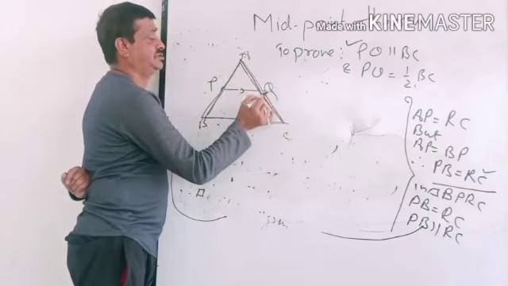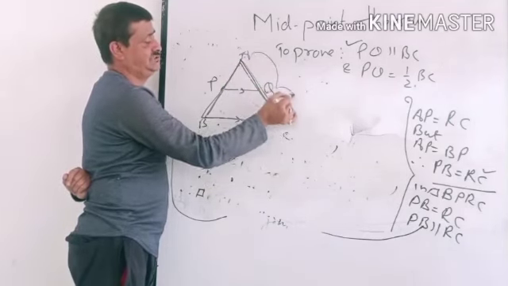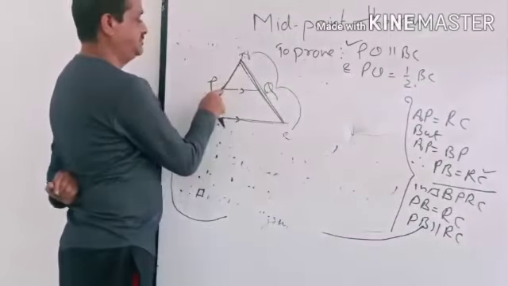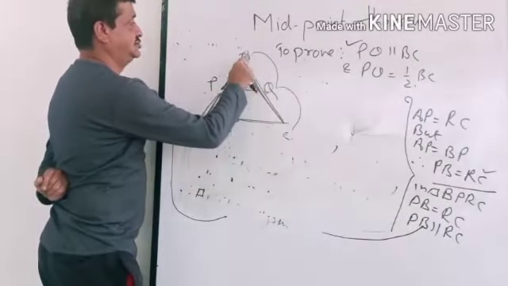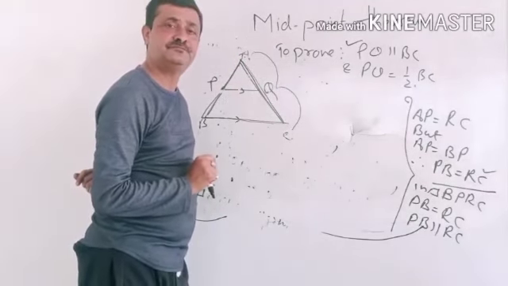It means Q will be the midpoint of AC. So you will get AQ is equal to QC. So whenever in any question you are given a midpoint and through that midpoint a line is drawn parallel to a side, you can directly apply the converse of the midpoint theorem.